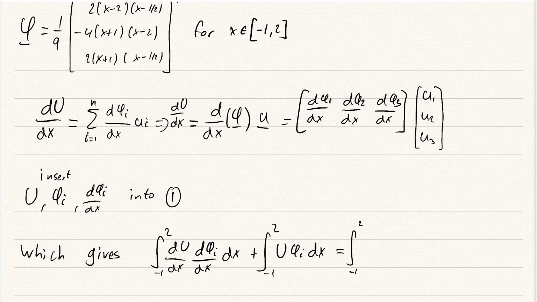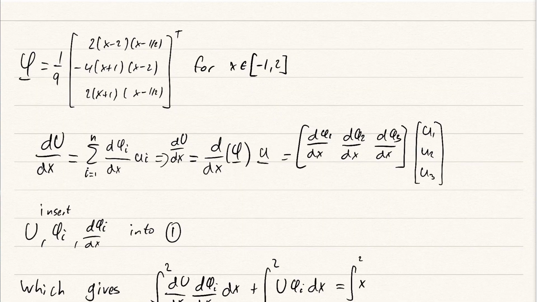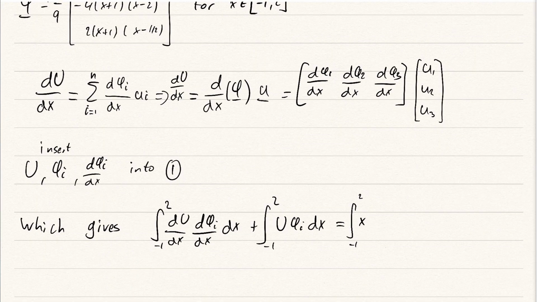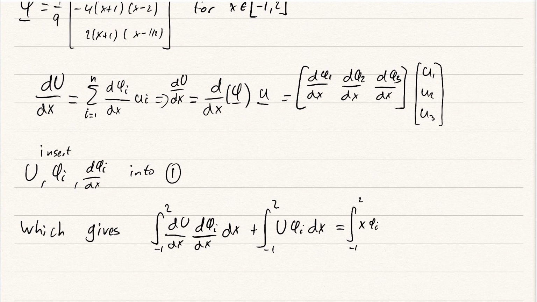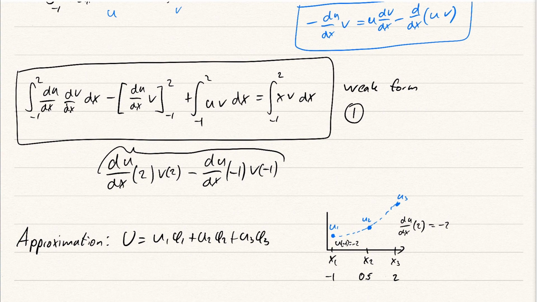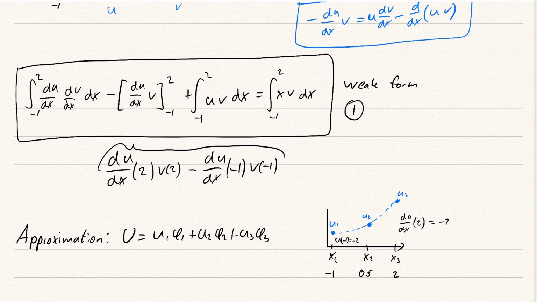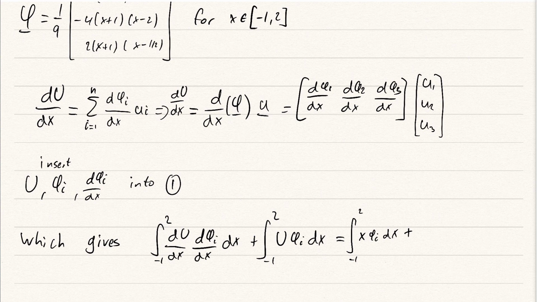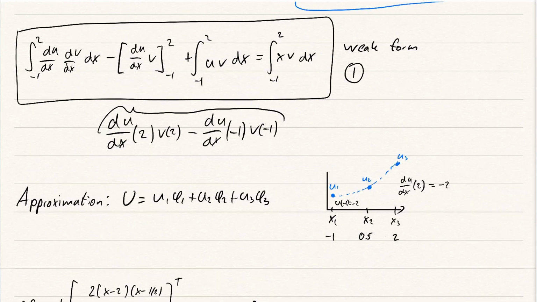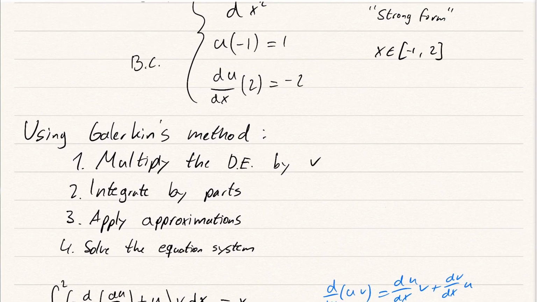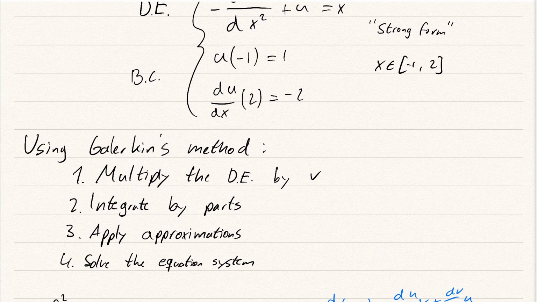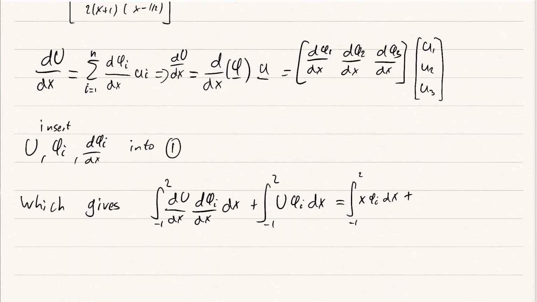the integral from -1 to 2 of x times φi dx, plus, because we're moving this term over, let's look at the boundary conditions. That's du/dx of 2 is equal to -2, so du/dx of 2, that's the upper bound.